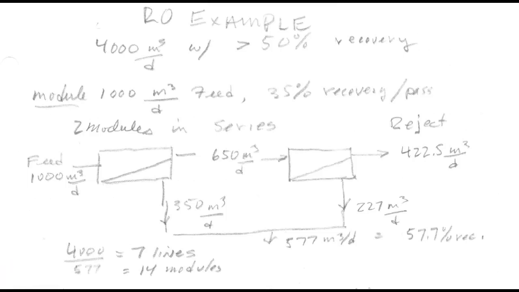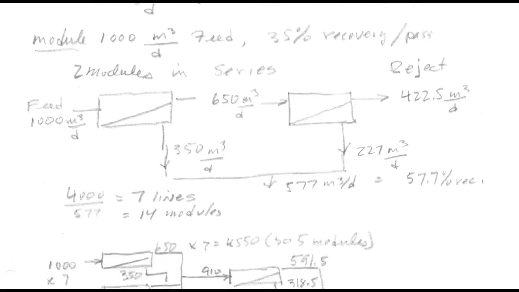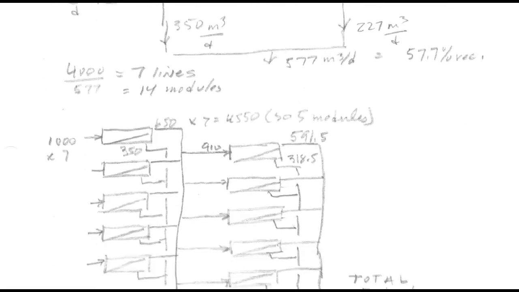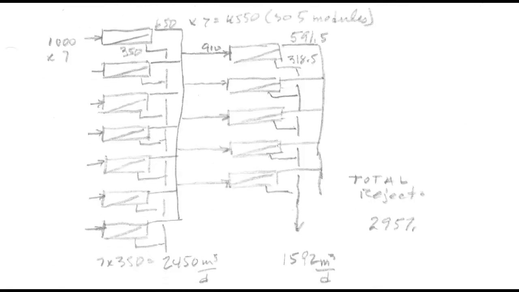So the alternative in that case would be to have a number of modules in the first group and a reduced number, combining the product water or reject water of each module. So in this case, we have 7 first stage modules and 5 second stage modules.